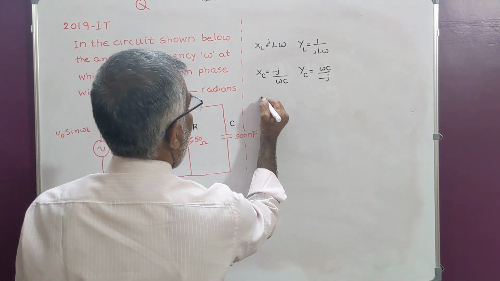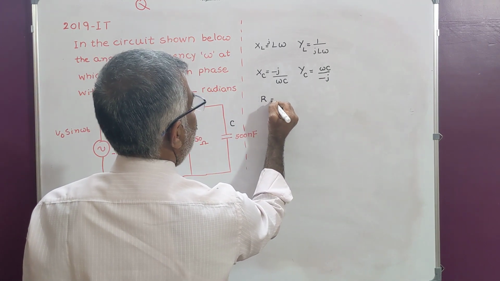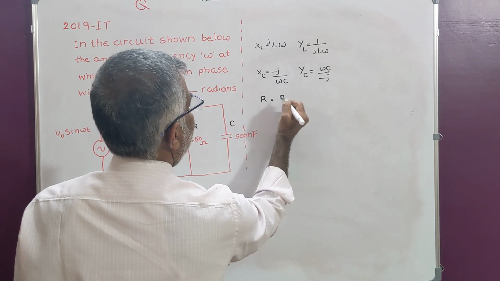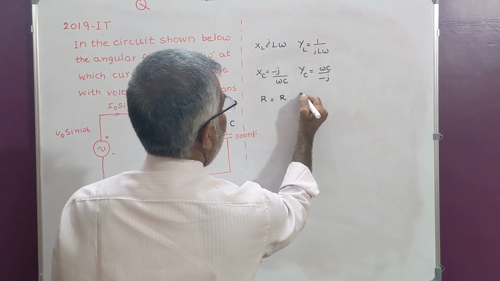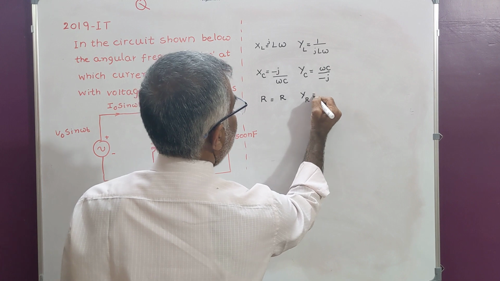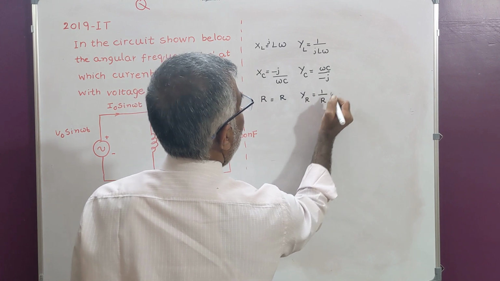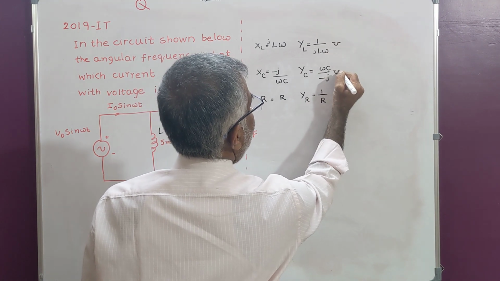Then for the resistance R, the admittance is 1 by R, in mho.